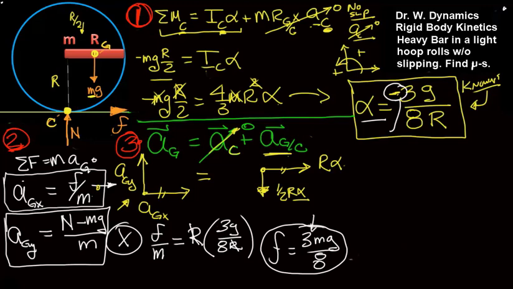Now, it might be tempting, but you can't say that 3/8 is mu and then that's some mu mg, because technically it's mu N, and we haven't found N yet. And N may or may not be mg, we don't know. There are certainly accelerations in the y direction at play here, so let's wait before we make that kind of an assumption. In the y direction, we have a_gy, which is N minus mg over m, and that's equal to a negative.